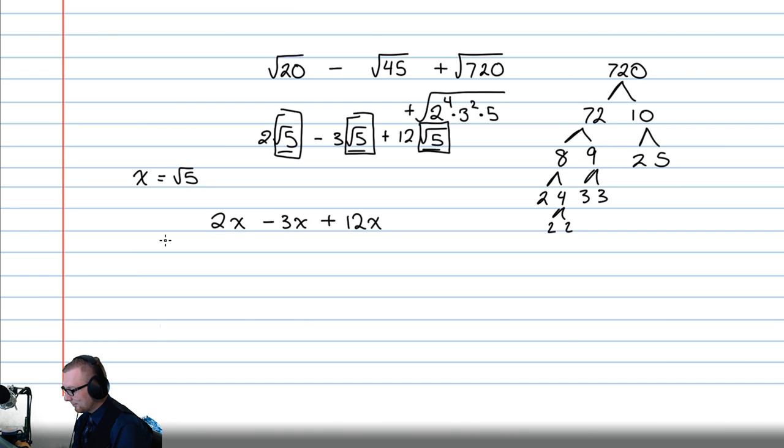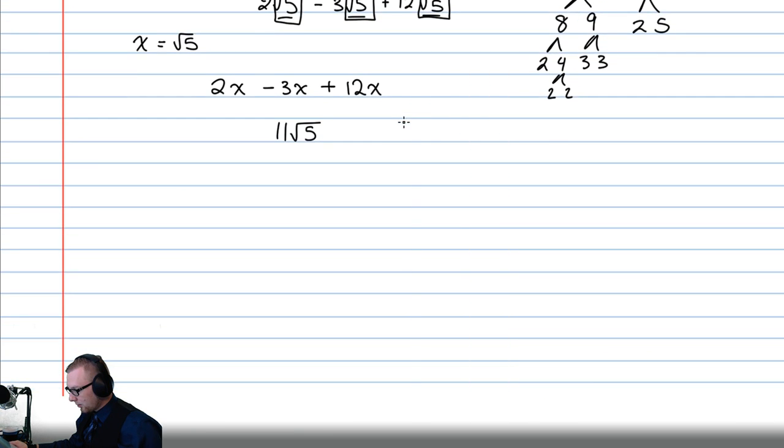Okay, so it will be 11. Yes. Now I can put the root 5 back, so it's 11 root 5. So, reminding you what a like term is seems to be something that we'll have to redo, which is not a problem at all.